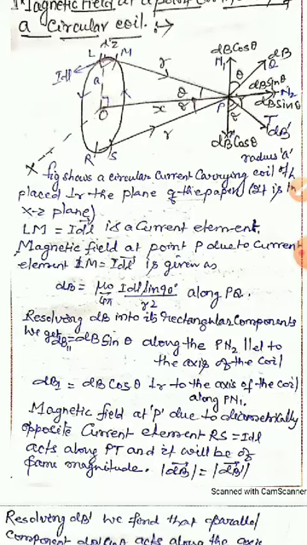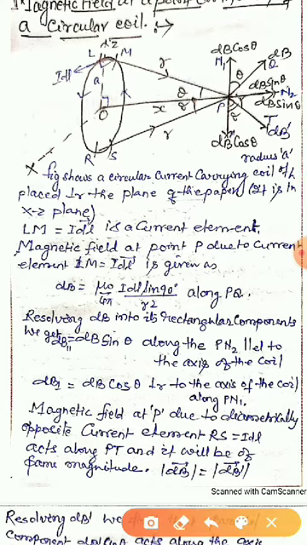So when we consider the contribution of these two diametrically opposite current elements at point P, in magnetic field, we find that their perpendicular components are equal in magnitude and opposite in direction. Hence, they will cancel out. dB cos theta, dB dash cos theta cancel, and the parallel components are in the same direction, so they get added.